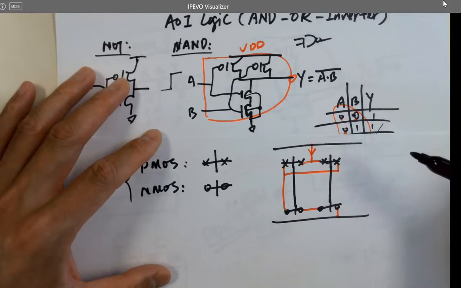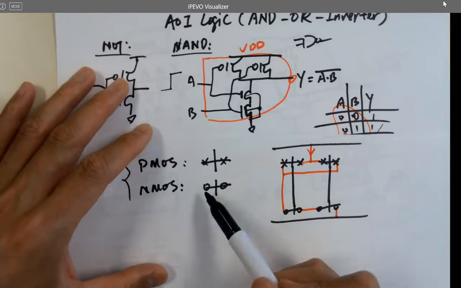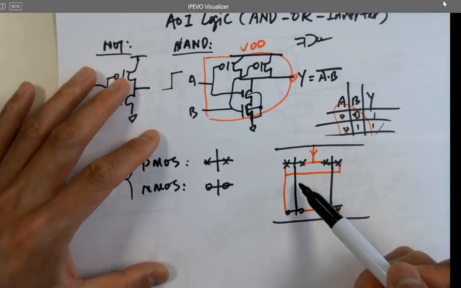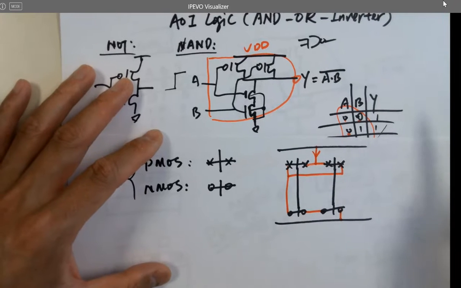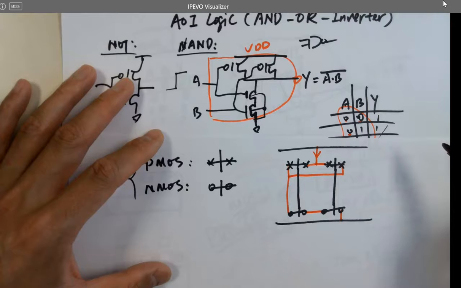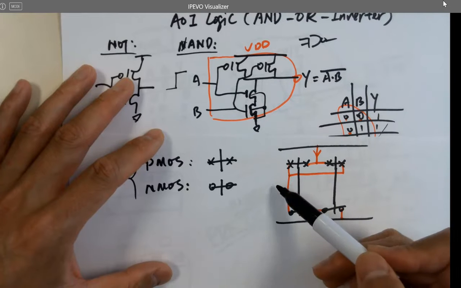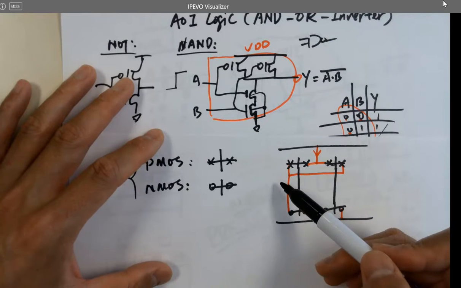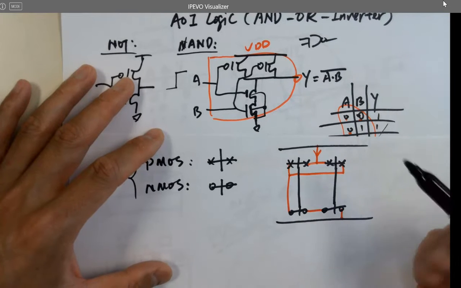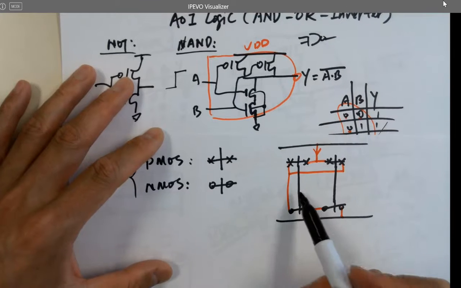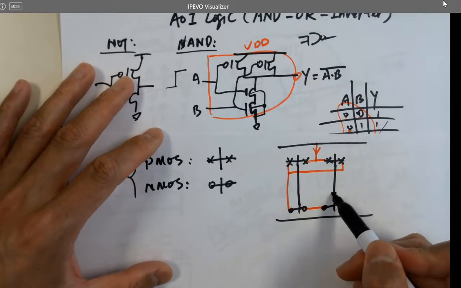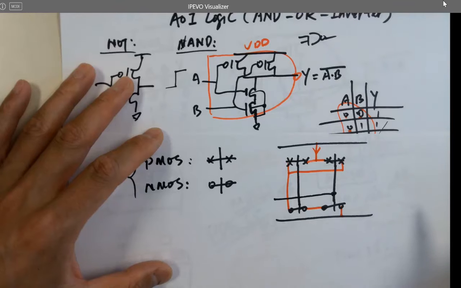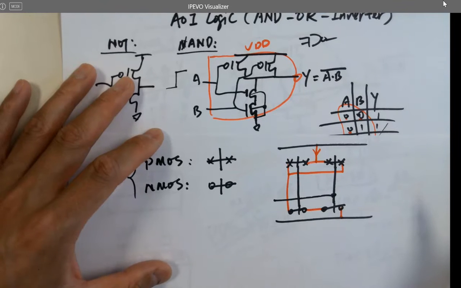Then what's next? I need to introduce the input to the left, which is what we usually do. Could you use a poly? You can, but here's a drawback of this structure: if I use a poly to do that, that's too much poly, too much resistance.